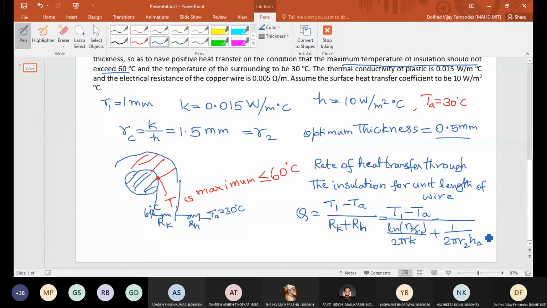Okay, substitute. So Q equal to 60 minus 30. Otherwise, separately you can calculate RK and RH values. Okay, and substitute here. ln 1.5 divided by 1 divided by 2 pi K is equal to 0.015.